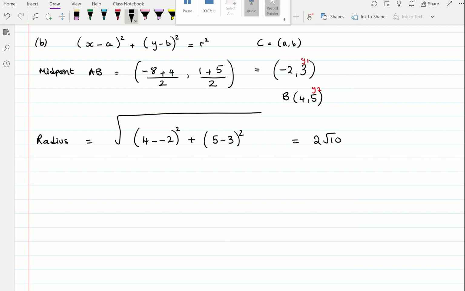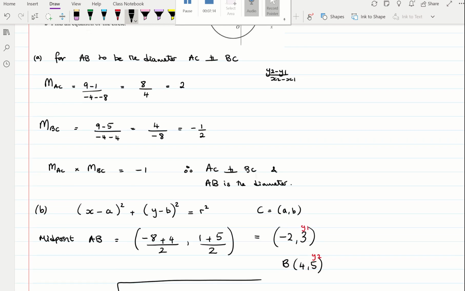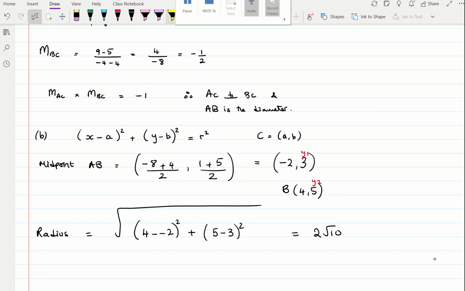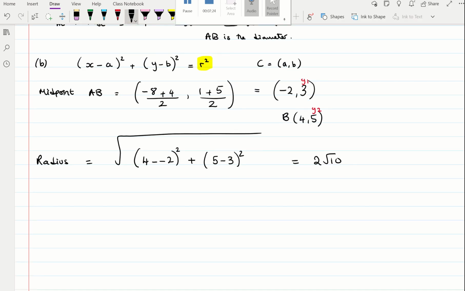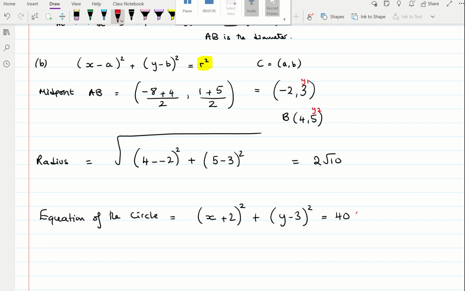Now remember, I need to square it, because the formula for the circle uses the radius squared. So if I square it, it gives me 40. So the equation of the circle is x minus negative 2, so that's going to make it a plus 2 squared, plus y minus 3 squared equals 40.